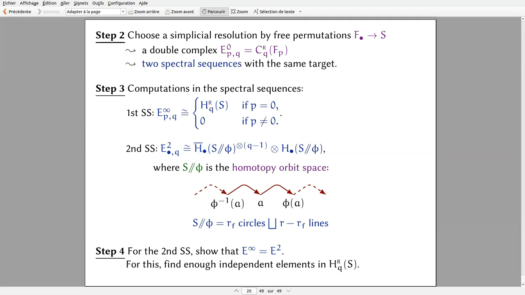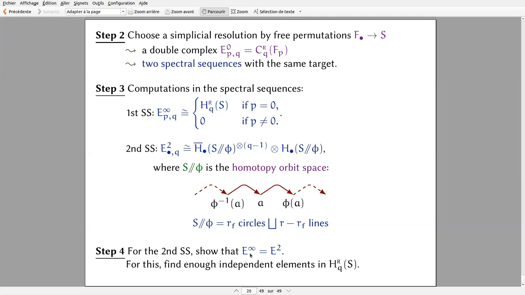And how can you show that this sequence stabilizes? This is really proper to our concrete computations. You see that here you'll have only three abelian groups, and if at some point you have some non-trivial differential, then the Betti numbers will strictly diminish.